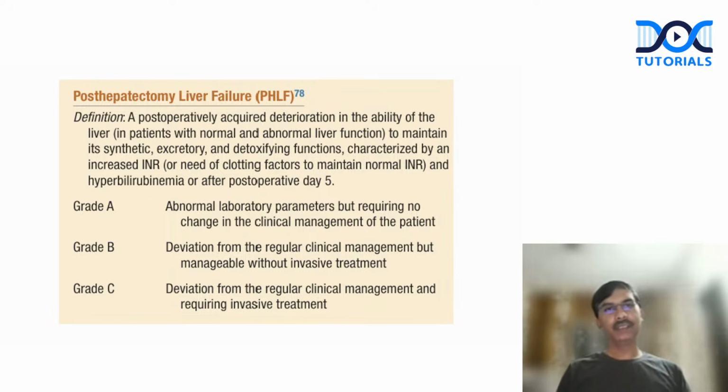Grade B is a deviation from regular clinical management, but manageable without invasive treatment; ICU requirement, dialysis, all those requirements are not there. And grade C is deviation from regular clinical management requiring invasive treatment. This can range from reintubation, resurgery, and mortality also. So it is always easy to remember grade A and grade C, and anything that falls in between these two will be grade B.